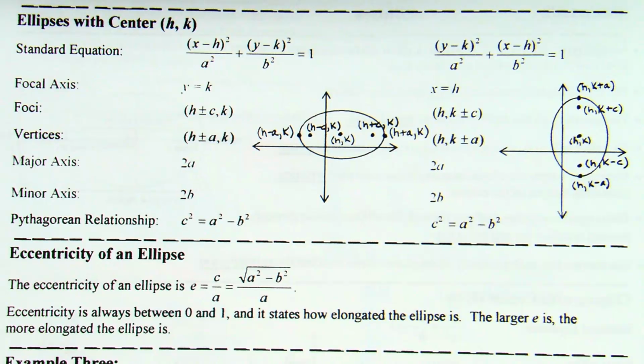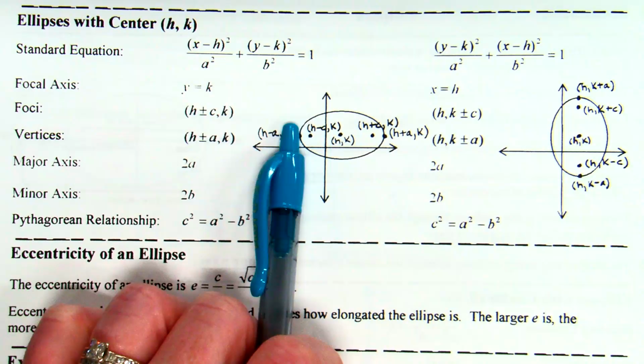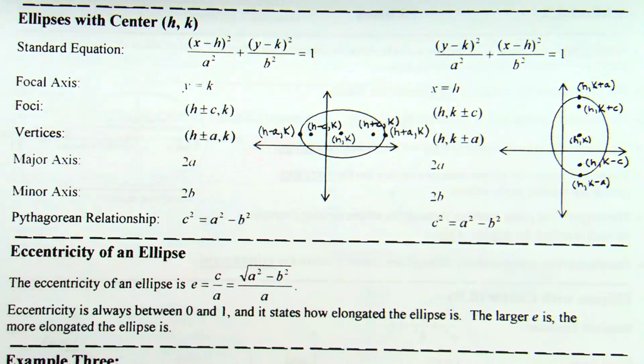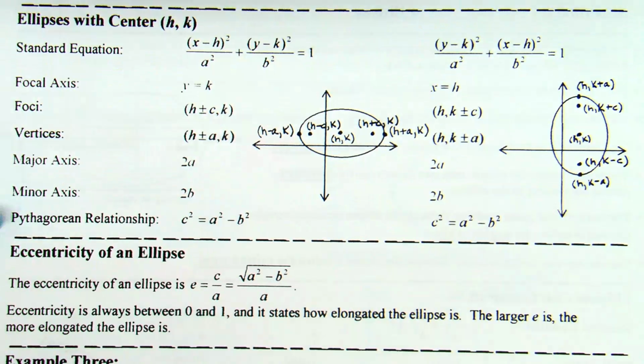On this one, if it's horizontally longer, your A value, the bigger value, is still under the X. If it's vertically taller, that means the Y value is bigger. A is under the Y. You've got all the same or similar information for focal axis, foci, and vertices. Notice major axis, minor axis, Pythagorean relationship. Do they change? They don't change a bit.